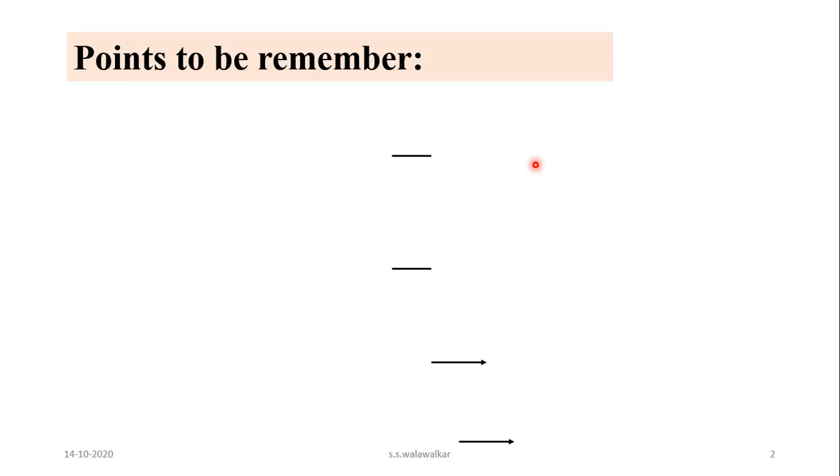If such wording is there, then you have to calculate maximum work.